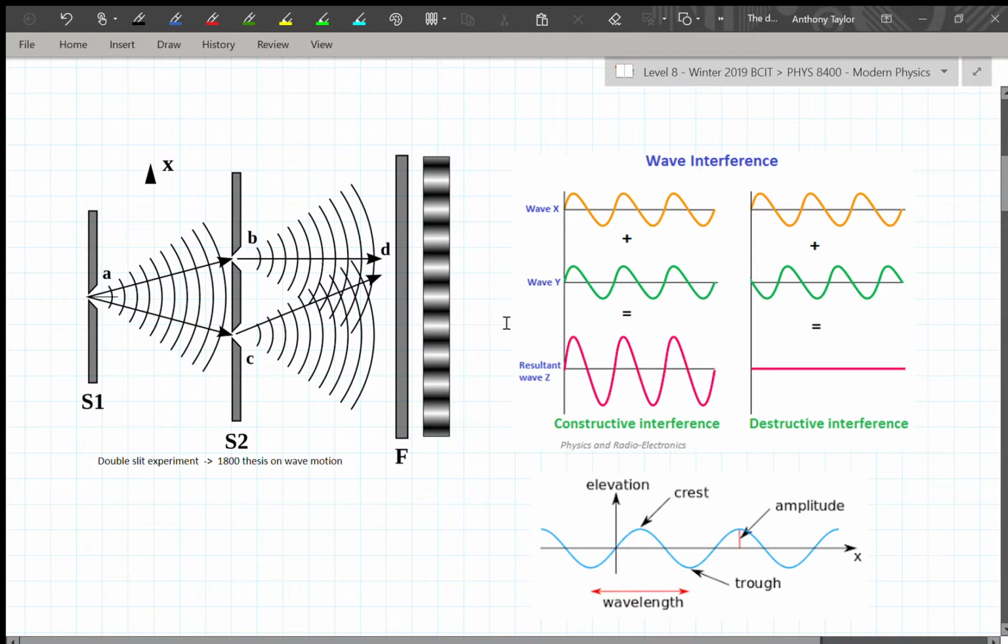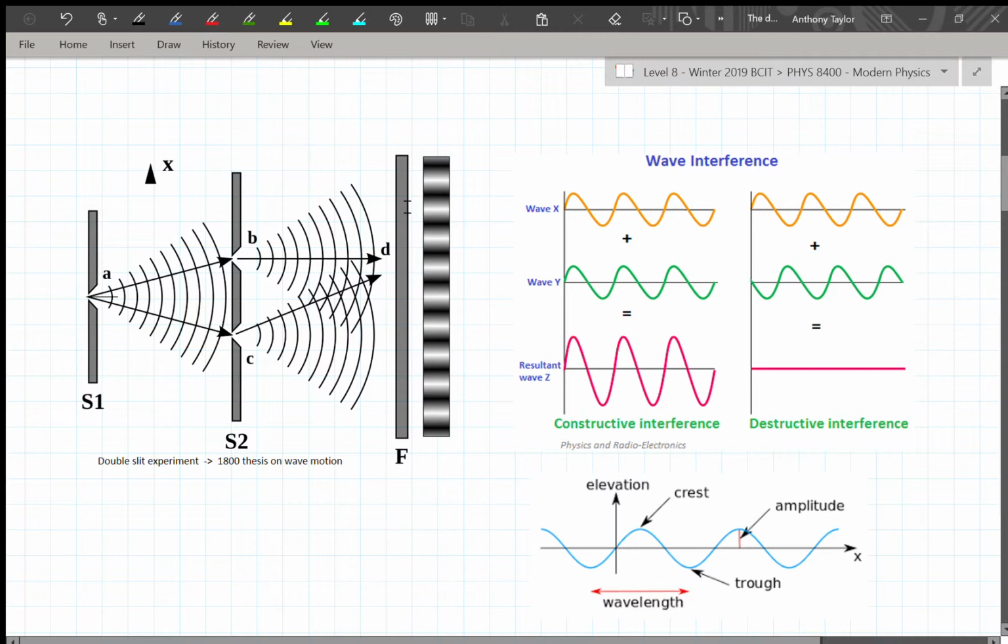And as the name suggests, constructive interference is when the wave patterns add to one another. And so what happens is the crest of wave C here and the crest of wave B combine and join and add together, and then the troughs do the same thing. So the amplitude ends up being larger, and conversely, destructive interference is exactly the opposite, where the crests and the troughs sort of meet up and cancel each other out.